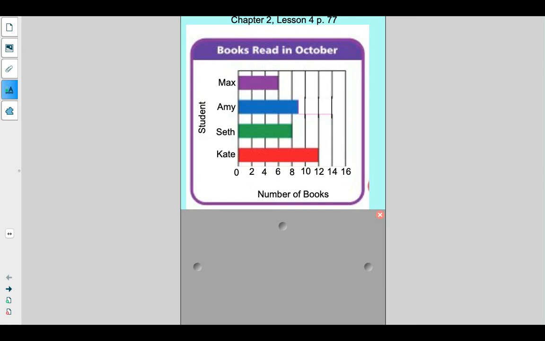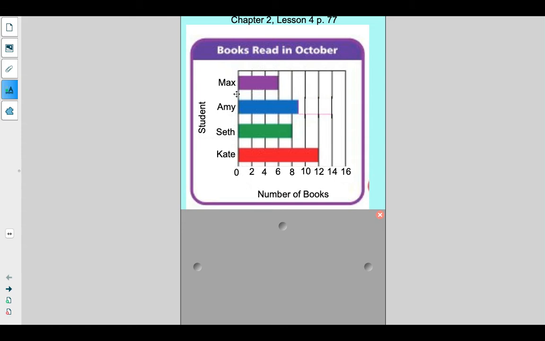All right, we are back. I hope you did hit pause, and I hope you looked for all the things you could notice and wonder about this graph here. So maybe you noticed that this is a graph that shows how many books were read in October by the 4 students, Max, Amy, Seth, and Kate. And maybe you noticed the number of books is shown at the bottom here.